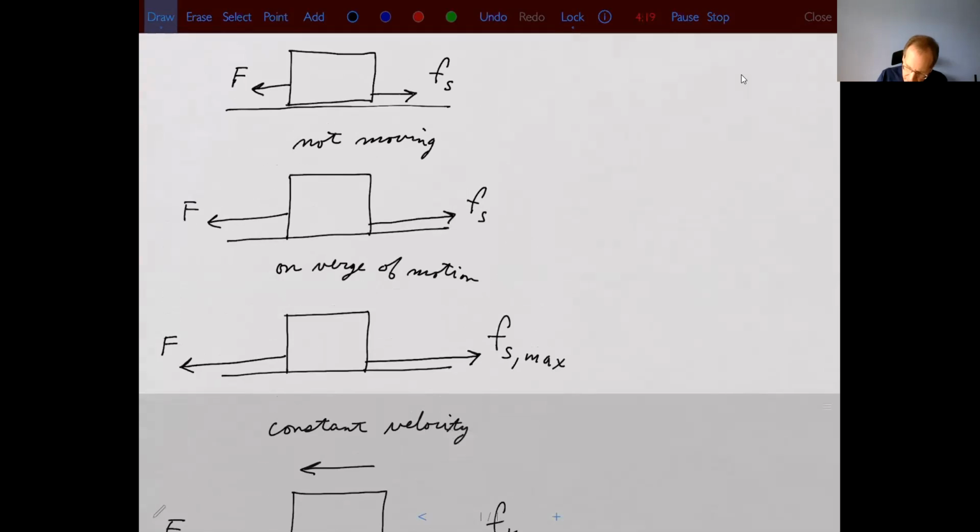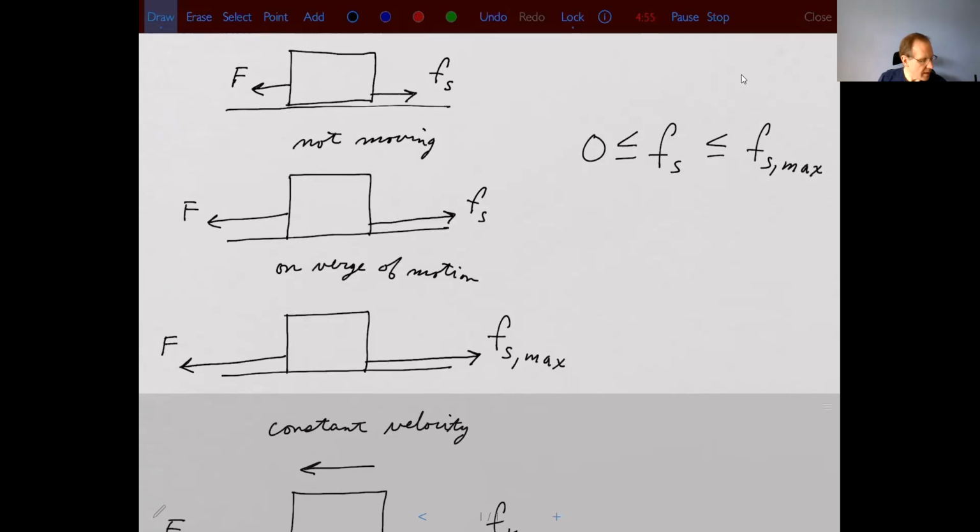From these three pictures, you can see that Fs, the static frictional force, is greater than or equal to 0. If I'm not pulling at all, there's no static friction. If I pull with a little bit, I have a small static frictional force. If I pull harder, that static frictional force increases. So this can increase. So I'll say it's less than or equal to Fs max. So that's why it's defined there as an inequality. It can change. It can go from 0 all the way up to Fs max.